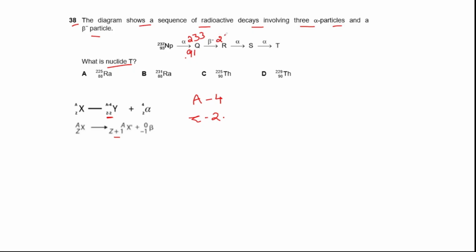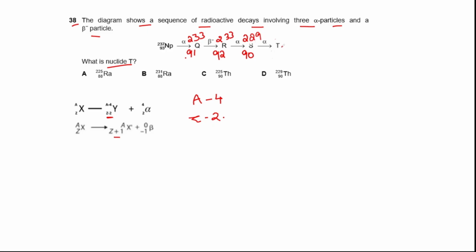So here the mass number stays the same as 233, but the proton number has increased to 92. Then after the alpha decay, the proton number is subtracted by 2, and the mass number will change into 233 minus 4, so it's going to be 229.